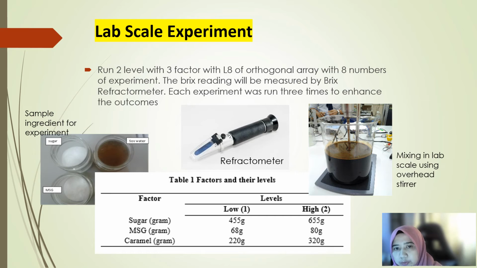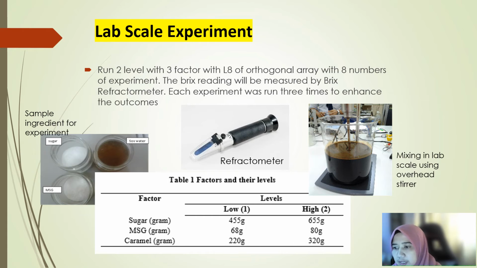We run 2 levels with 3 factors with an L8 orthogonal array with 8 experiments. The brix reading will be measured by a refractometer in brix, and each experiment was run 3 times to enhance the outcomes. Okay, these are the sample of ingredients for experiments, and then this is the refractometer.